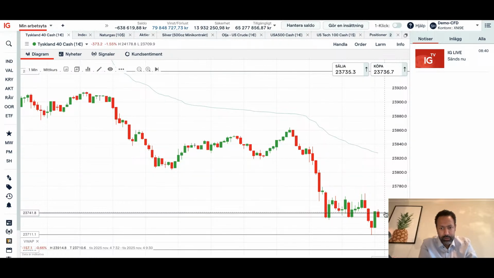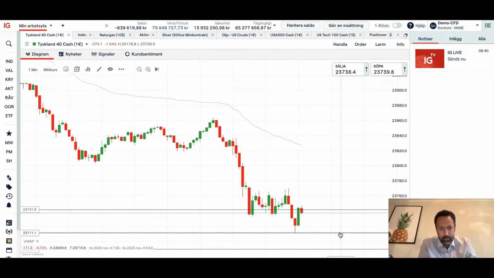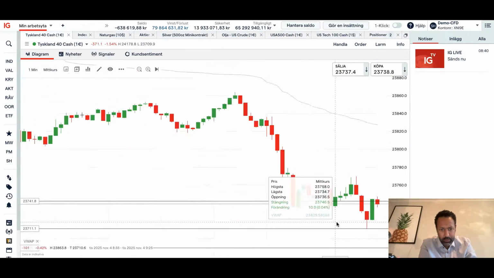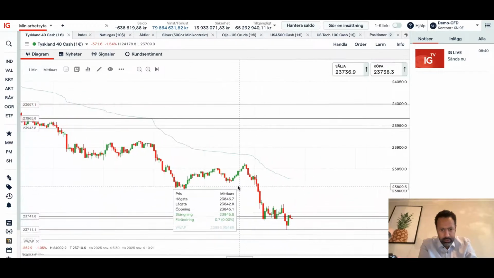So we have a pullback there in Germany, a pullback into the range here. Let's see if it continues or if we're going to continue down.